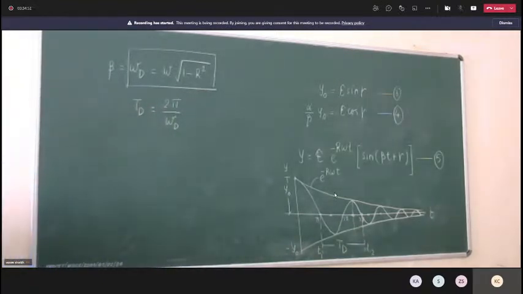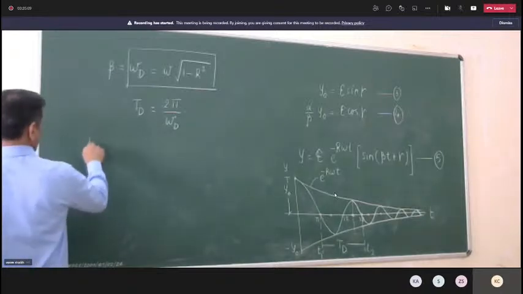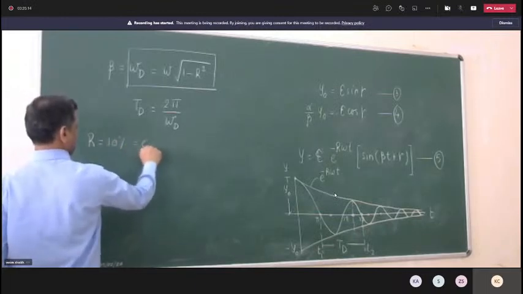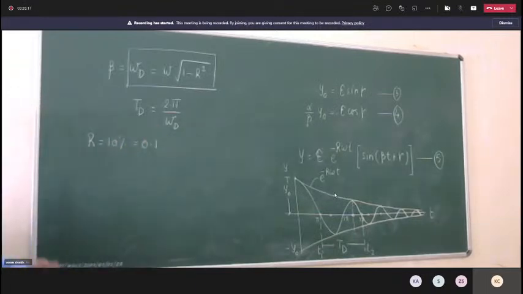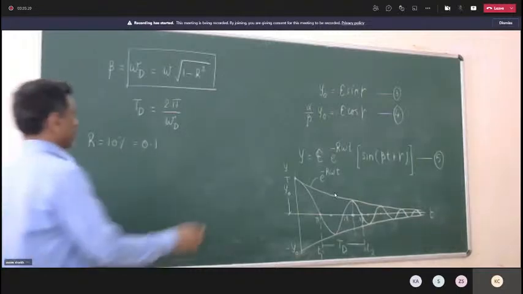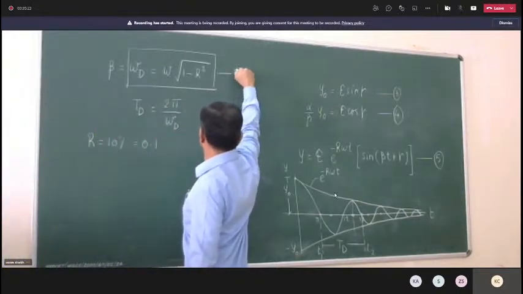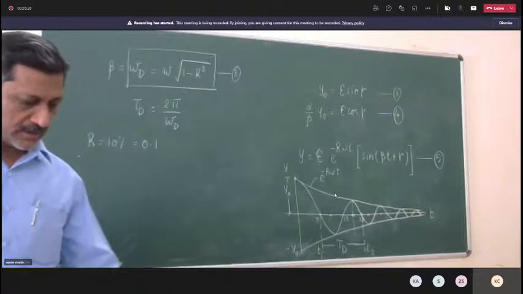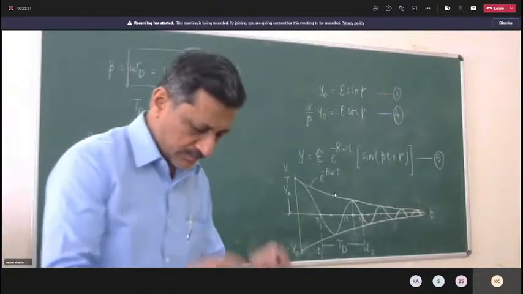Let's draw one important conclusion of dynamics from this simple equation. For masonry structures, what is r? 10%. So you can say for masonry structures, r is equal to 10%, that is 0.1. Let's call this equation 8. Substituting in equation 8, see what you get.